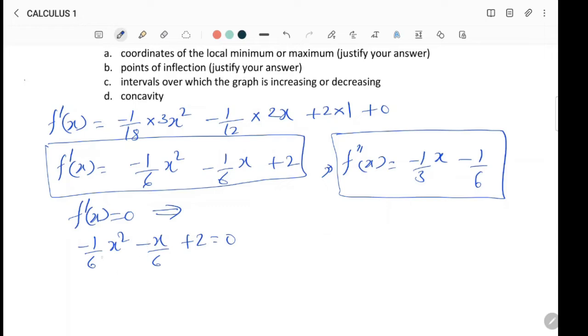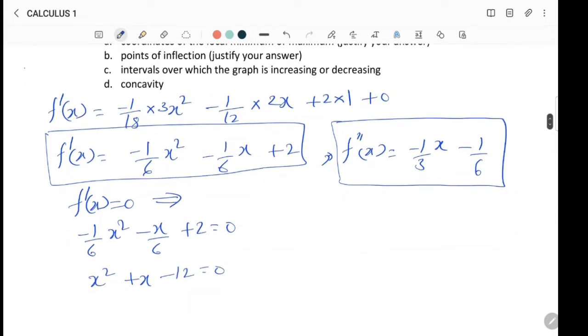Okay, can we multiply by minus 6? So minus 6 times minus 1 over 6 is x square, minus 6 over 6 is plus x, and 6 times minus 2 is minus 12, equals 0. Now we got a quadratic equation. We can use calculator to solve that.